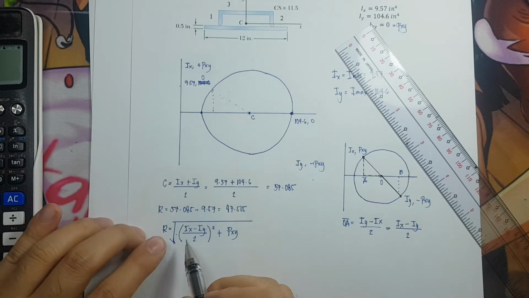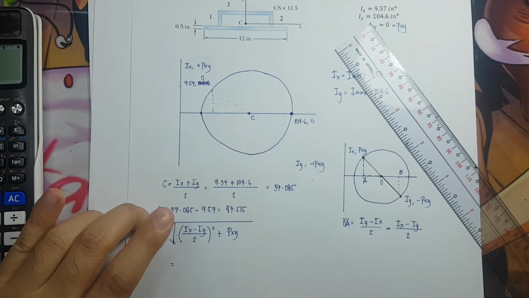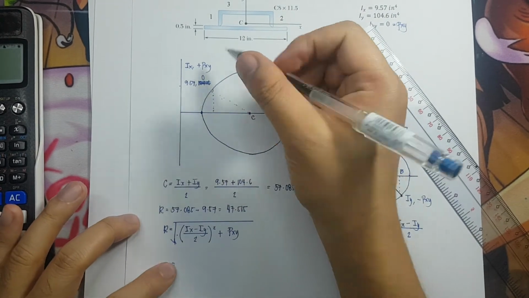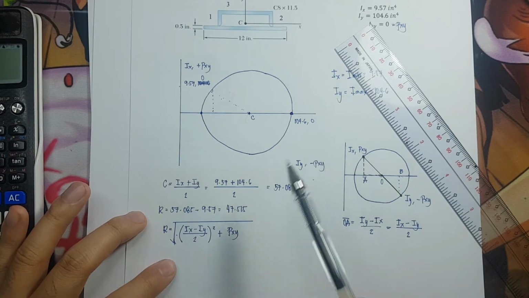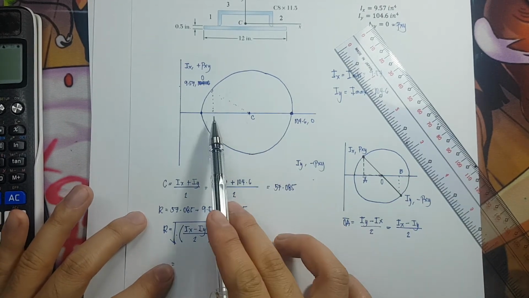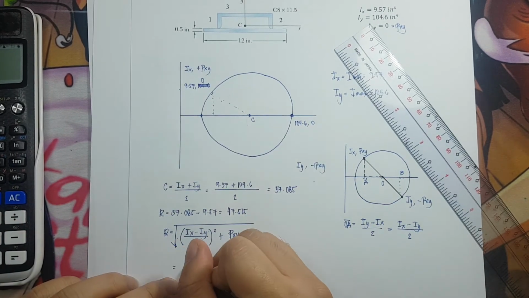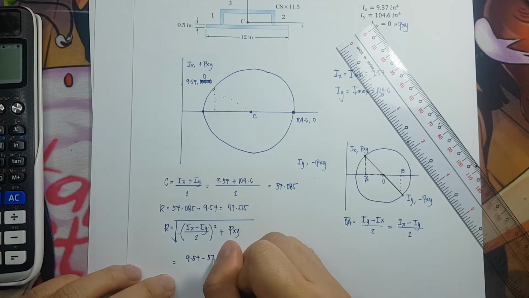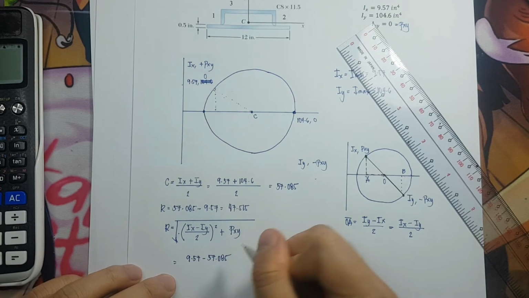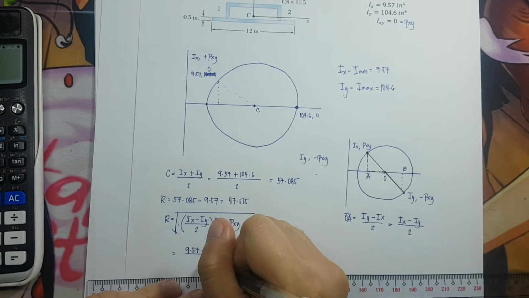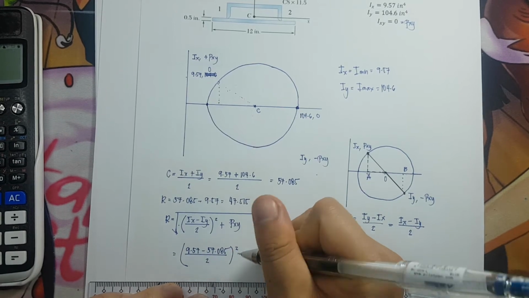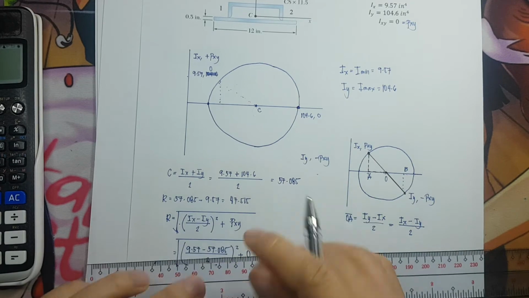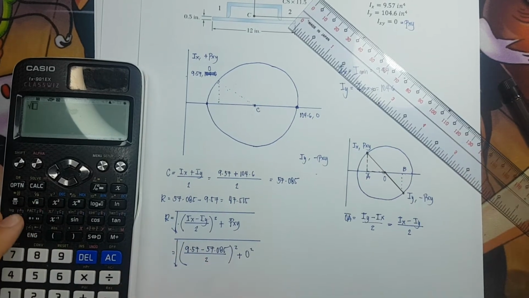If we try to use this, take note our Ix here is 9.57 minus 57.085 divided by 2 quantity squared plus 0 squared, then get the square root. It should generate the same answer.